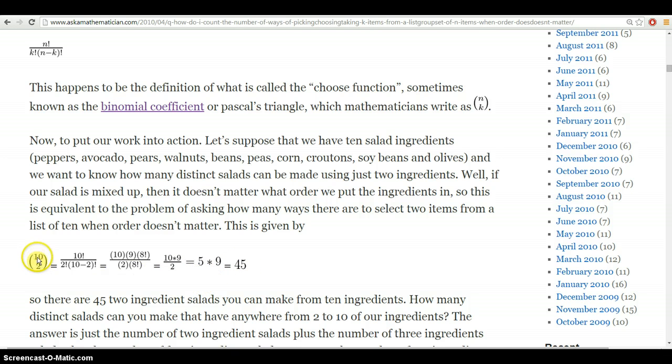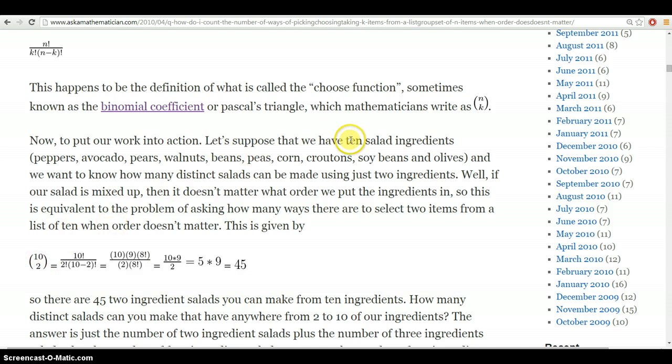And of course, we don't need the numbers 10 and 2, but we do need the top number to be at least as big as the bottom number in order for this to work, because we want to end up with an integer that's the number of ways to choose this bottom number of elements out of the top number.